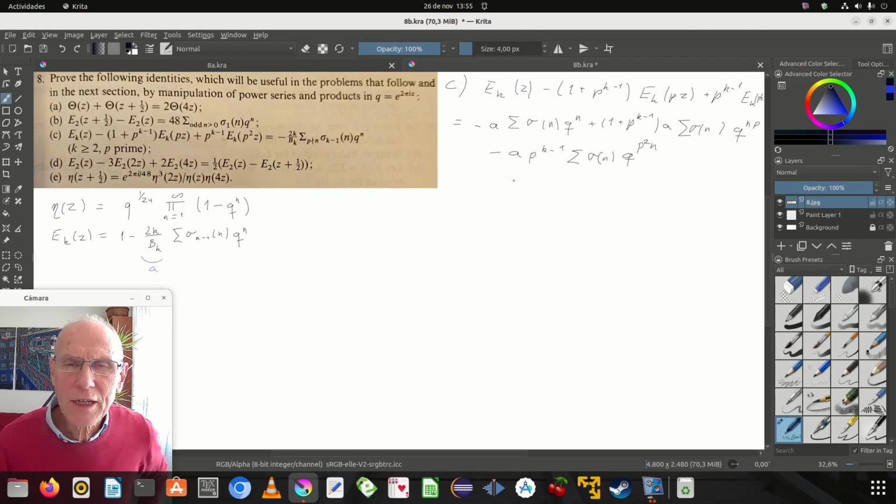So we must split in 3 cases. Just as we did with 2, one where p but not p squared divides n, and then one where p squared divides n.